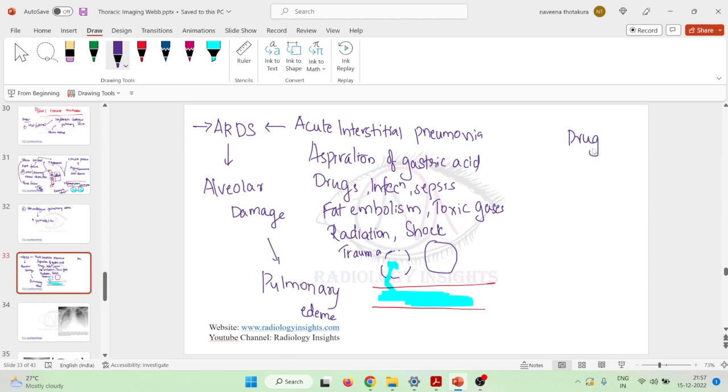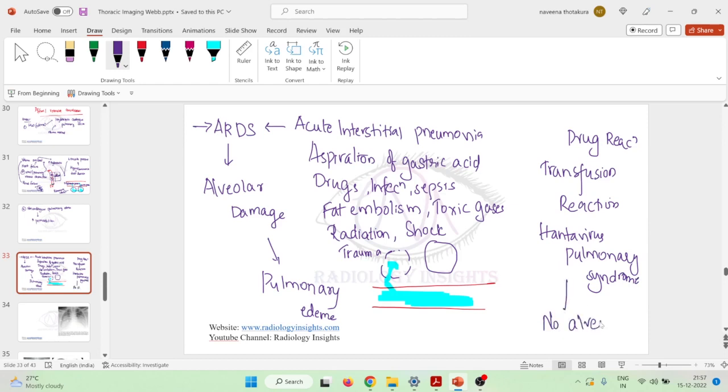Sometimes, whenever there is a drug reaction or a transfusion reaction, or if the patient has hantavirus pulmonary syndrome, in drug reaction, transfusion reactions, and hantavirus pulmonary syndrome, there is no diffuse alveolar damage, but this also will lead to pulmonary edema.